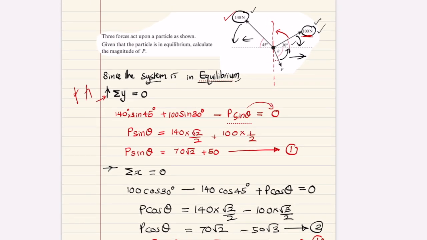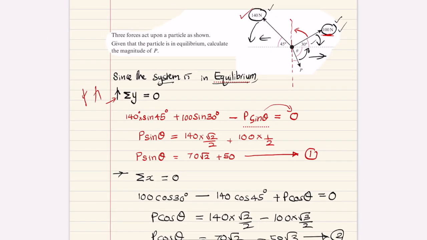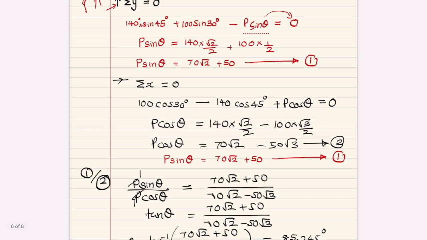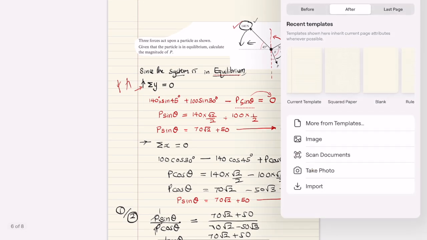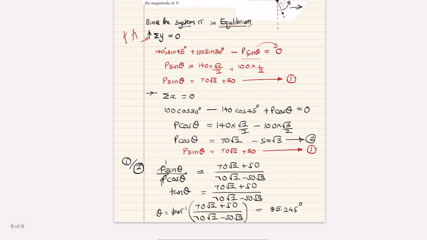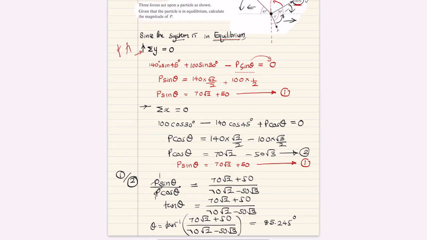The question says, given that the particle is in equilibrium, calculate the magnitude of P. So they are expecting us to find the value of P. I'm still halfway through it. So I can use that answer to solve one of the equations.